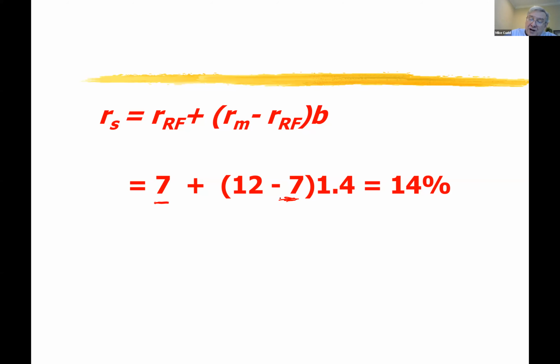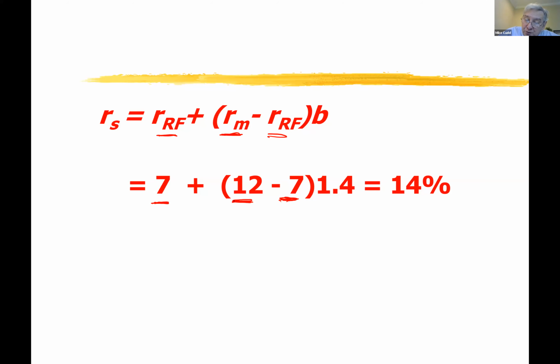The return on an average risk stock is 12, pardon me, I said that backwards. The return on Treasury securities, which is what we use for the risk-free rate, is 7. The return on an average risk stock, which is what we use for the market return, is 12.